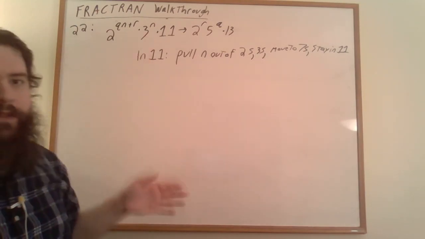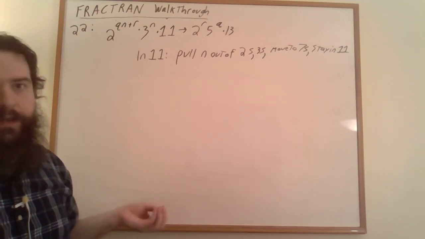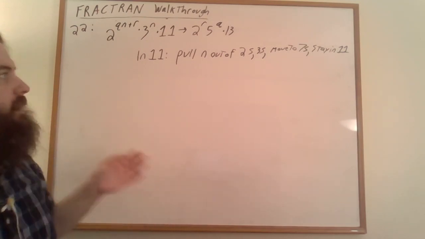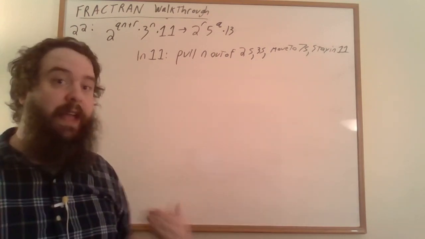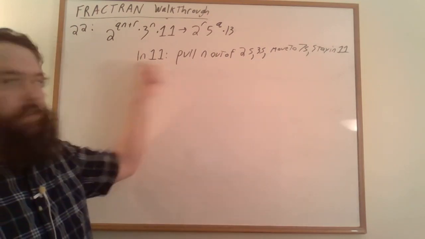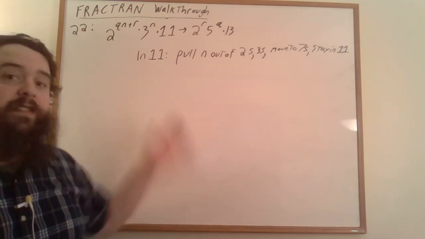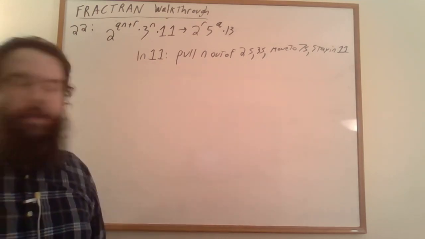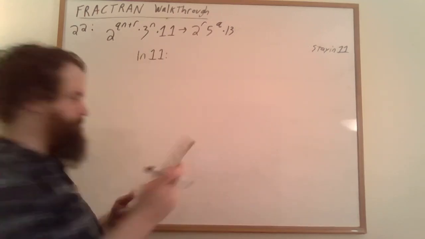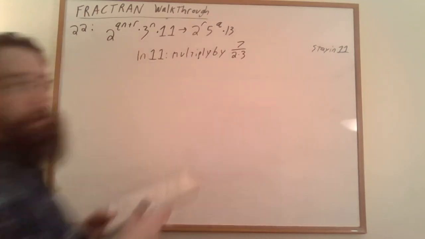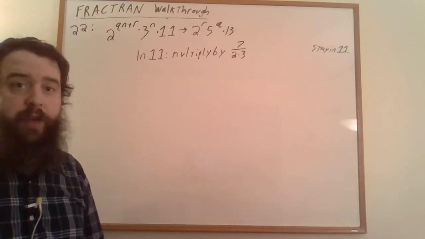This is an important value, and we can't just get rid of it. So we'll put it in the 7's register for safekeeping, and we can bring it back later at a different stage of execution. So this is a repeated process, and what it winds up translating into is multiplying by 7 over 2 times 3.